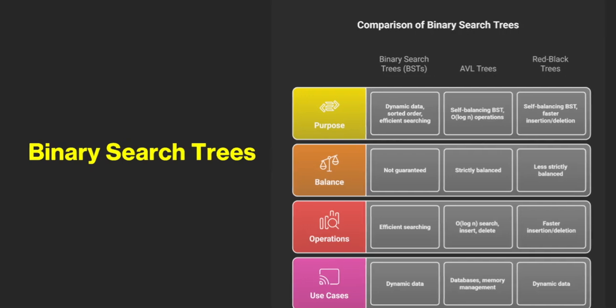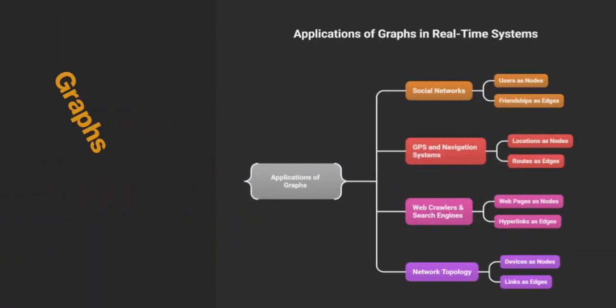And moving on, graphs. You cannot imagine any social media application today without graphs. Internally, the graph data structure is used in all social media applications, whether it is Facebook, Instagram, Twitter, or whatever it is. And all GPS-based applications like Google Maps internally use graphs to represent the different routes.